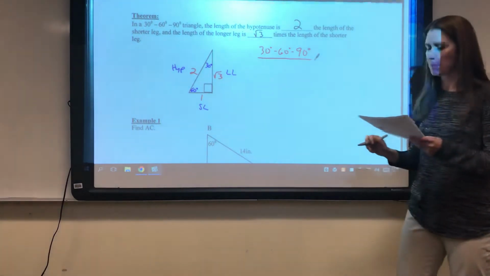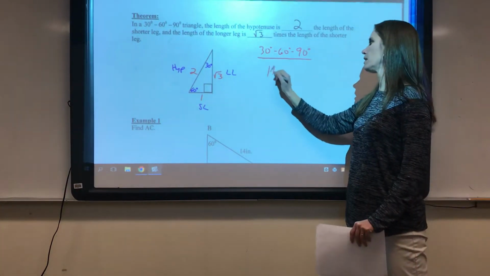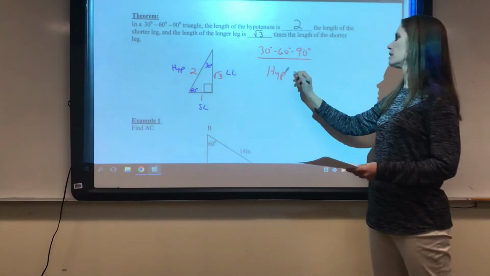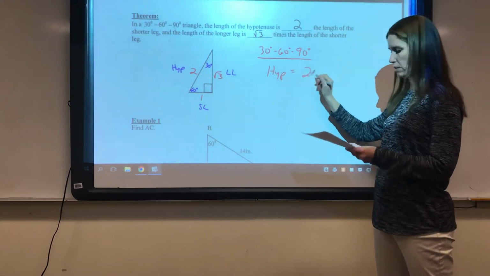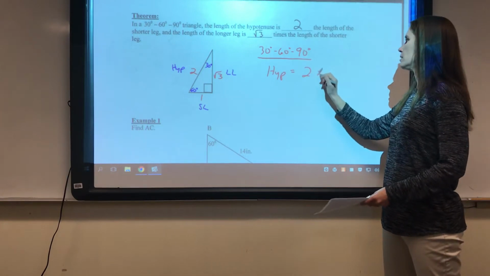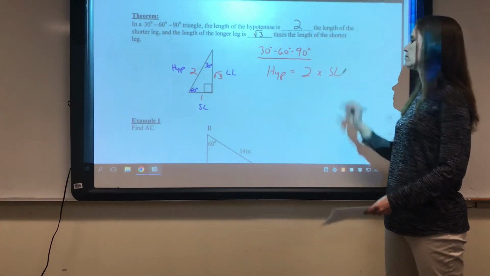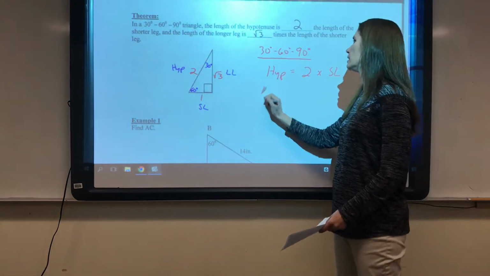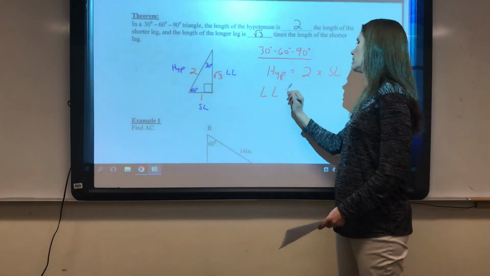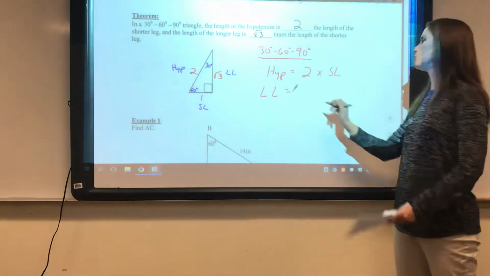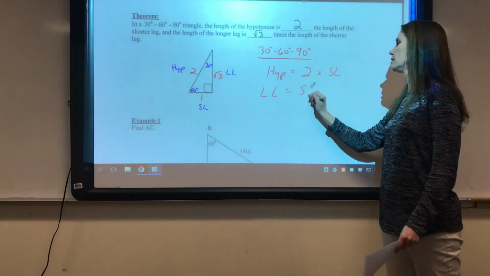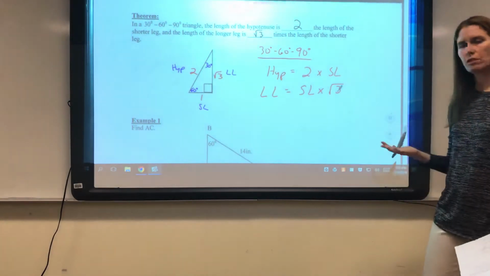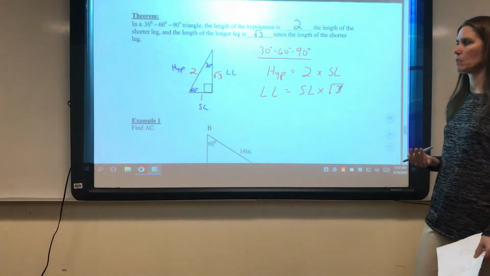So for some people, it is helpful to think of it as the hypotenuse is equal to 2 times the short leg, and the long leg is equal to the short leg times square root of 3.